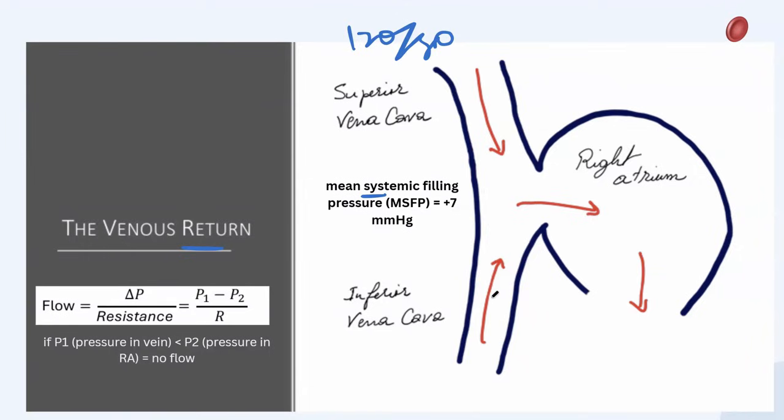So at the very, very end, when blood is entering the right atrium, the blood pressure in the superior and inferior vena cava is going to be +7. So it's dropped from 120 to 7. Even though it's very low, it's not 0, it's still 7. However, as we learned before, the right atrial pressure is 0.